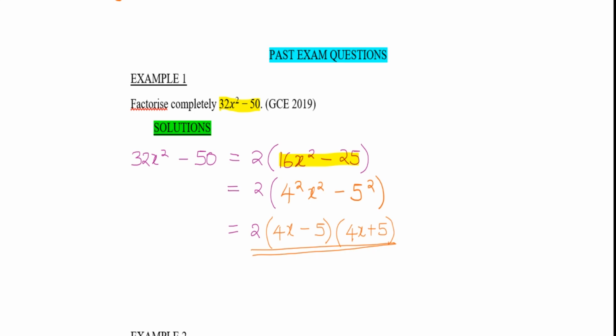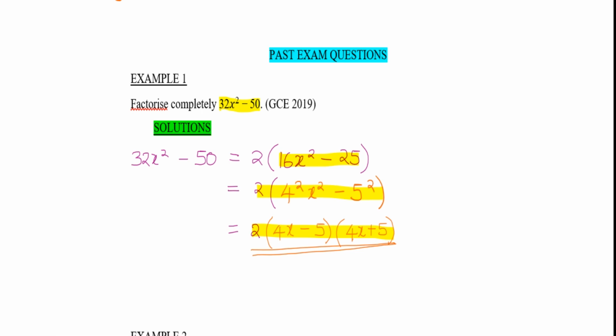So if you look at these questions in the question papers, somewhere here you'll be given 1 mark, and somewhere there you'll be given another mark, so that you have 2 marks. So that's how we factorize completely.